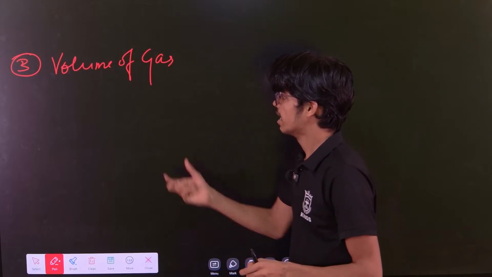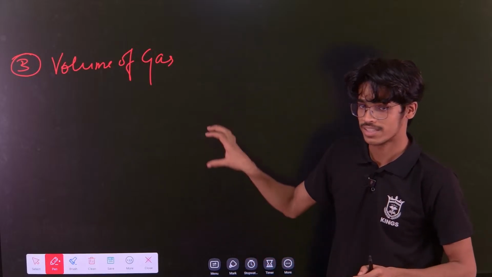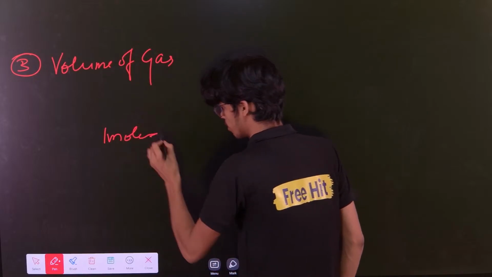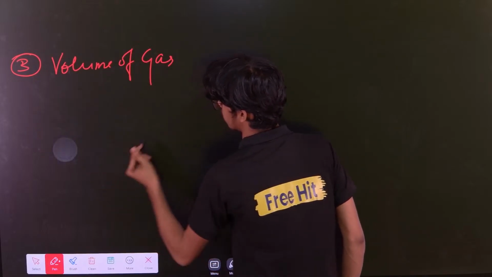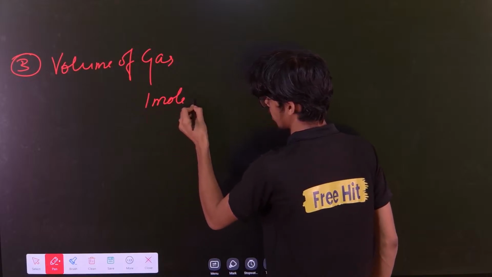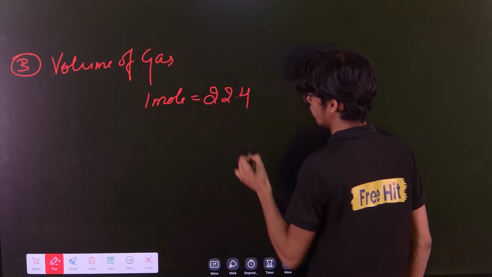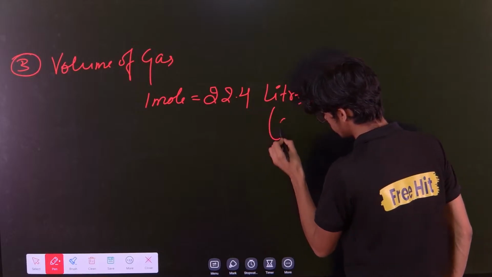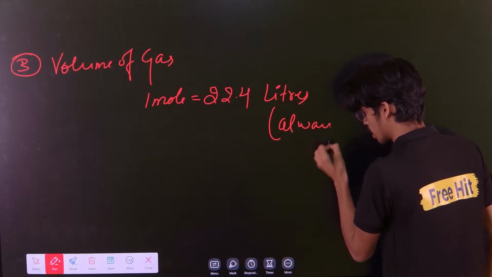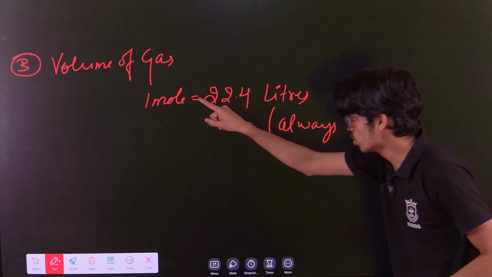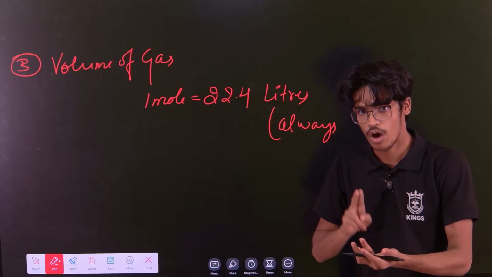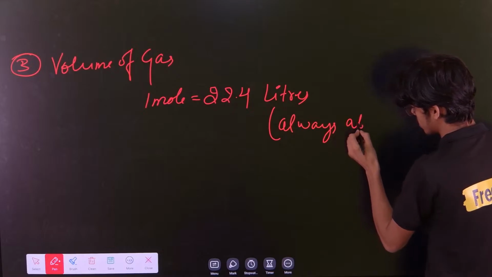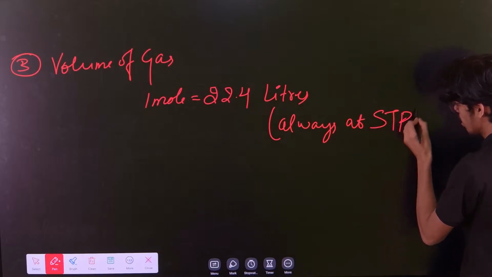And the third logic we are going to utilize is that 1 mole is equal to 22.4 liters. Always remember, there is one condition: you should use this logic only when the problem says that this is at STP.